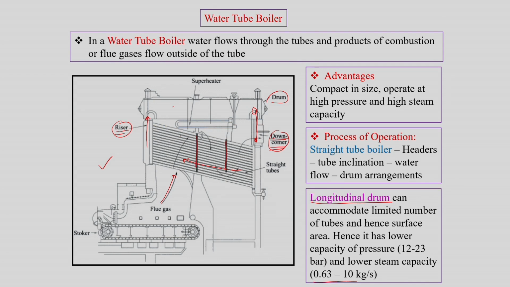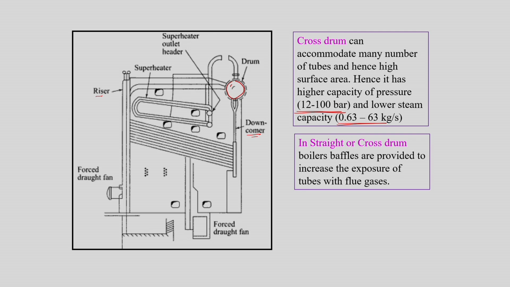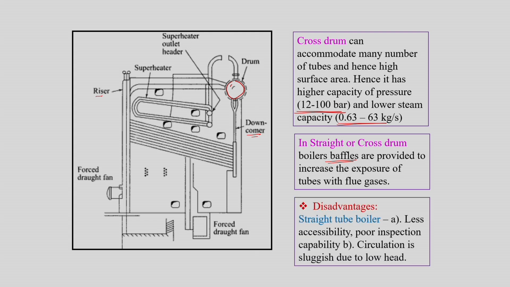They will guide the path of the flue gas such that it can be maximally utilized for its heat, and most of it should be given to the water, and it should increase the temperature of the water or steam such that the necessary enthalpy at a given pressure and temperature should be delivered by the boiler. So, there is always a provision of baffles to guide the exhaust gas or flue gas. A disadvantage of the straight boiler is that it can accommodate fewer tubes.